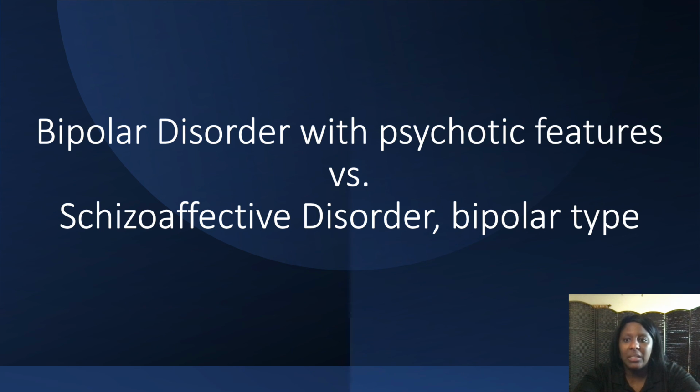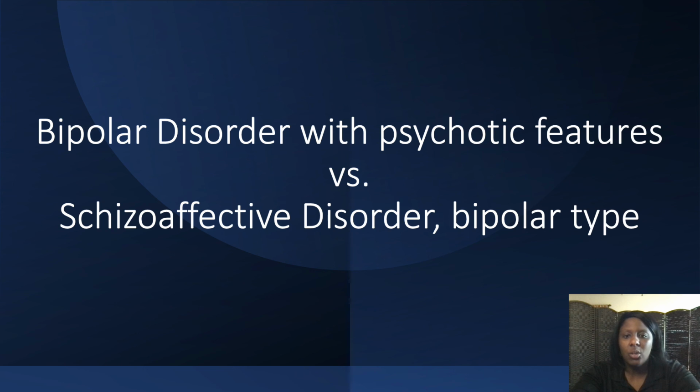Schizoaffective disorder can be distinguished from a depressive or bipolar disorder with psychotic features based on the presence or prominence of delusions or hallucinations that last at least 2 weeks in the absence of a major mood episode. So in the absence of, that means the major mood episode is not present. By contrast, in depressive or bipolar disorder with psychotic features, the psychotic features primarily occur during the mood episode. So they don't occur after the mood episode ends, but they occur concurrently with the mood episode.